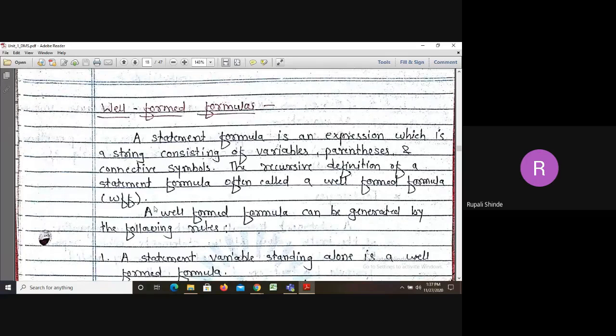So again, what is a statement formula? A formula which consists of variables, parentheses, and connective symbols. That is a statement formula. And the recursive definition of statement formula is called a well-formed formula. So there is no difference between statement formula and well-formed formula.